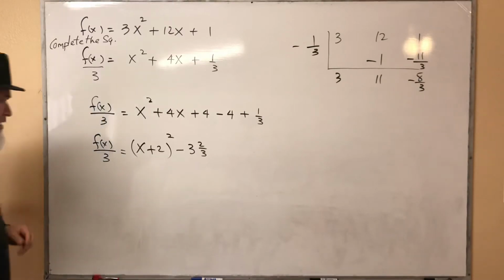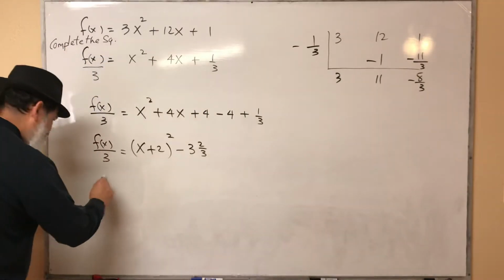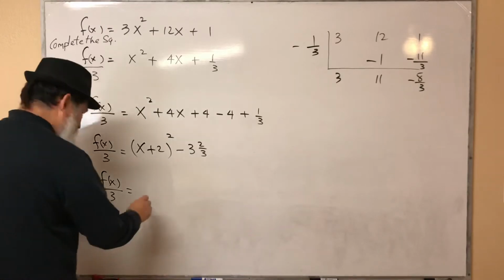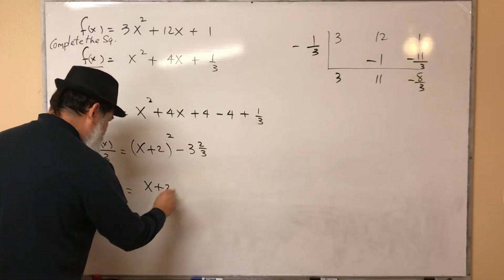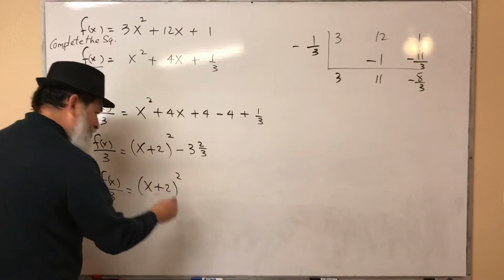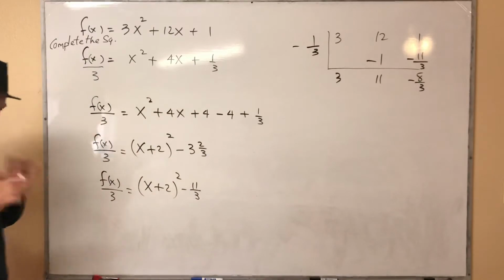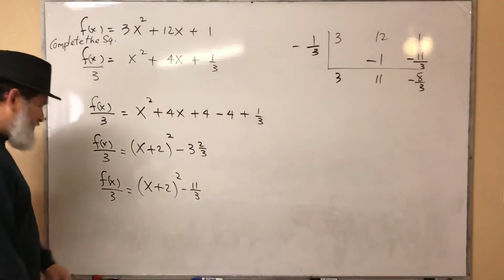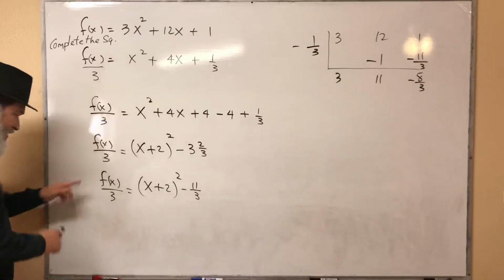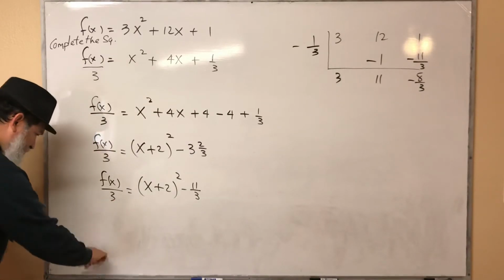Okay. Now, so f of x over 3 equals x plus 2 quantity squared minus 11/3. We almost have it. Let's multiply everything by 3. If you multiply this by 3 here, the 3's cancel.